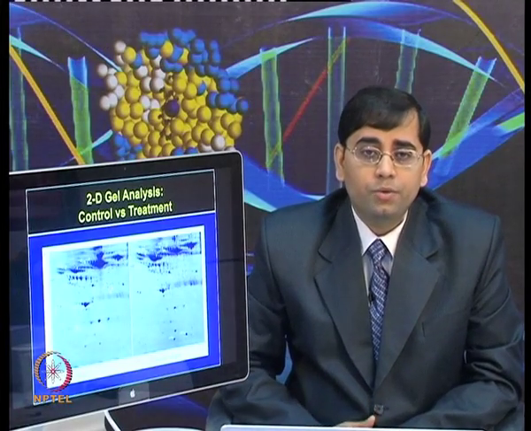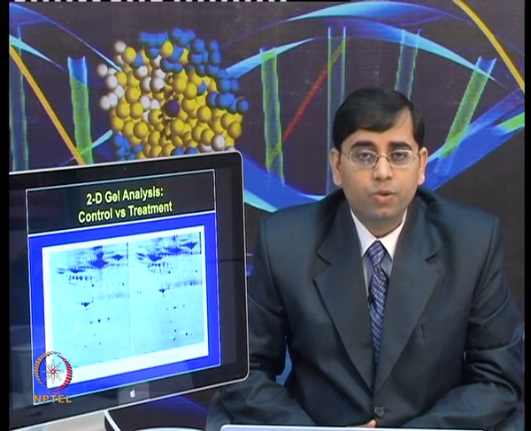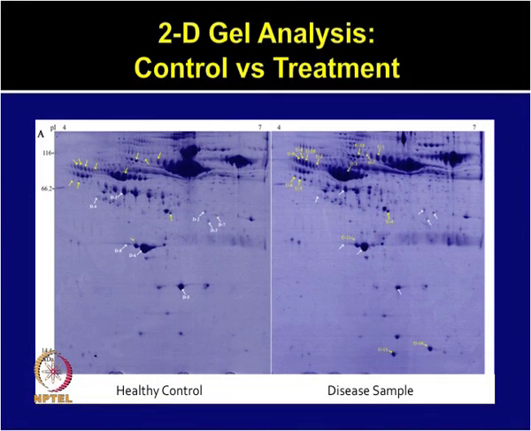Now, I am showing you a gel pattern of control and its comparison with the treatment gel. These are taken from one of the healthy controls and a disease sample, and each spot is compared from the control to the treatment.